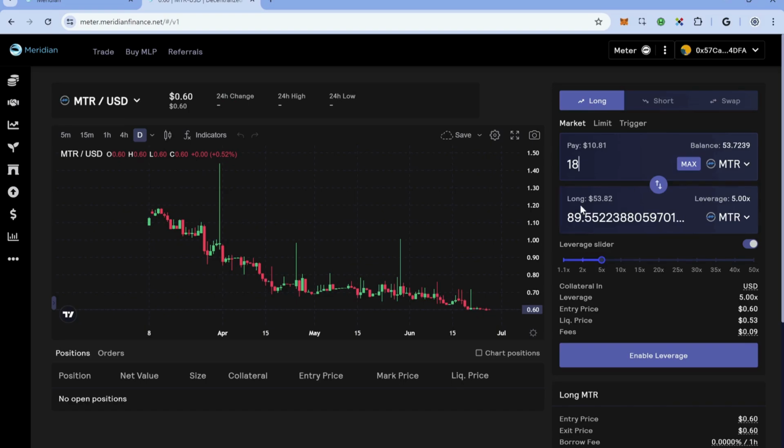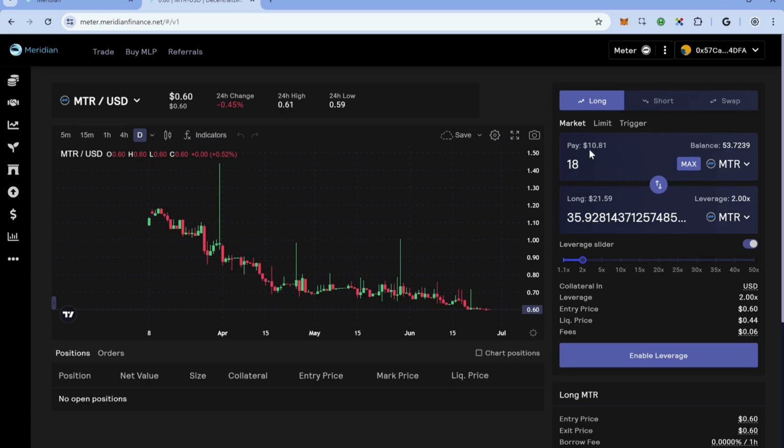So for example, let's start off with my 18-meter trade. I would like to do, let's say, around the 2x, right? So that will make my trade value 35 meters because it is roughly doubling the amounts that I am trading.